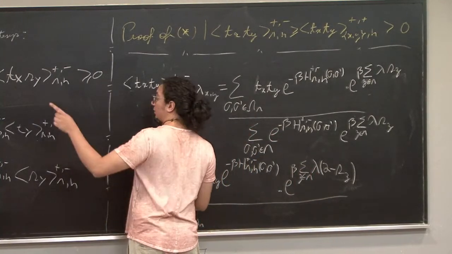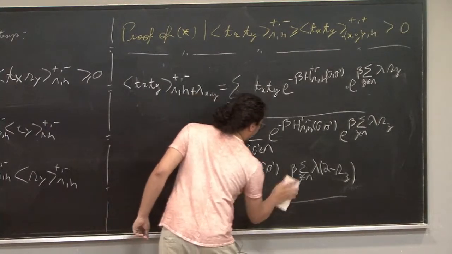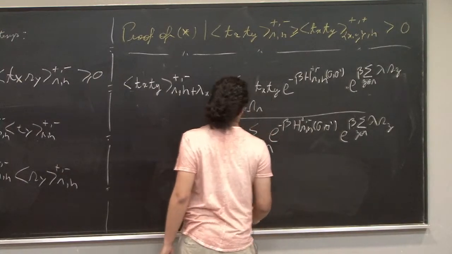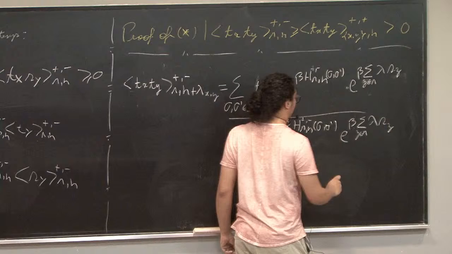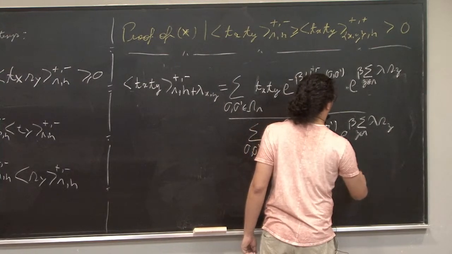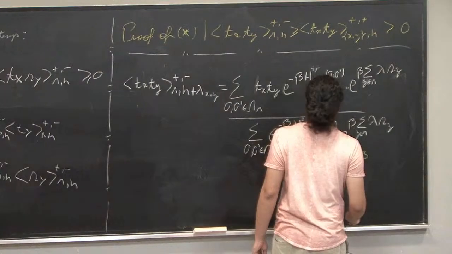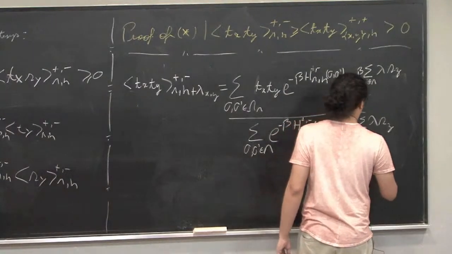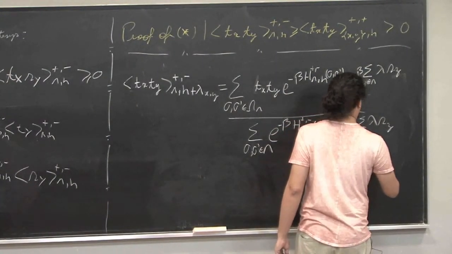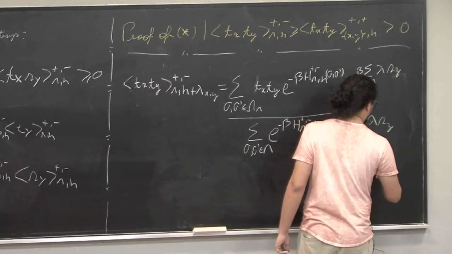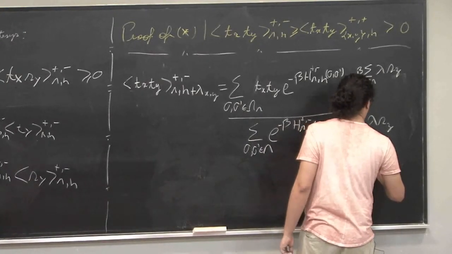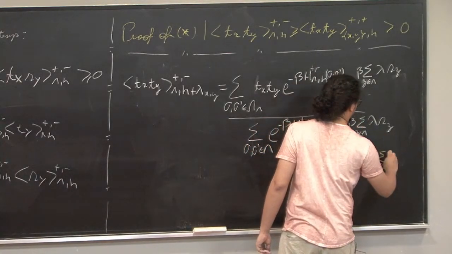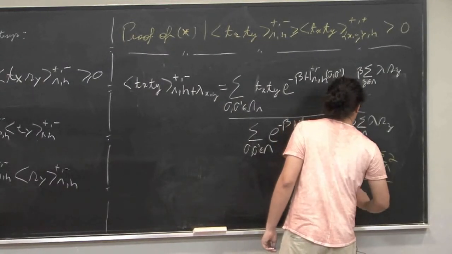I'm going to rewrite it down there. But the trick is to multiply both sides of the equation. You multiply this by e to the minus beta sum over z of 2 minus s z, so you multiply and divide by the same thing.